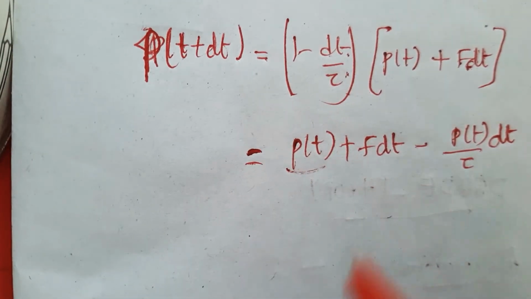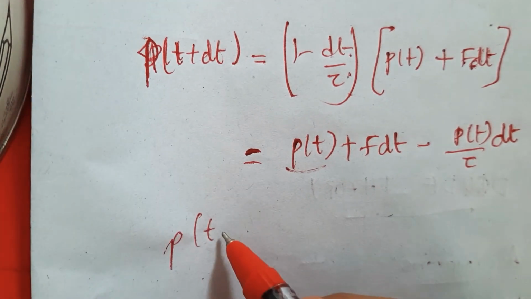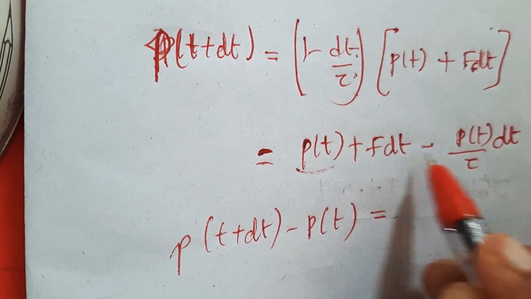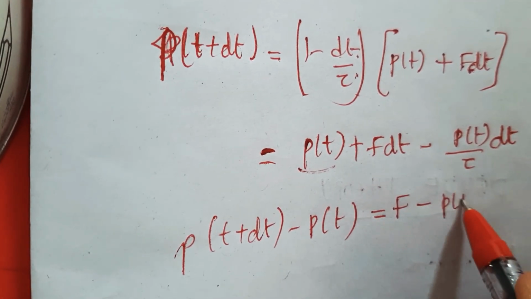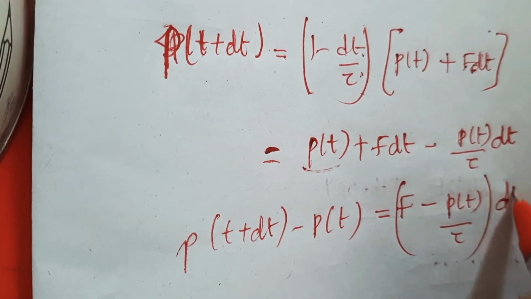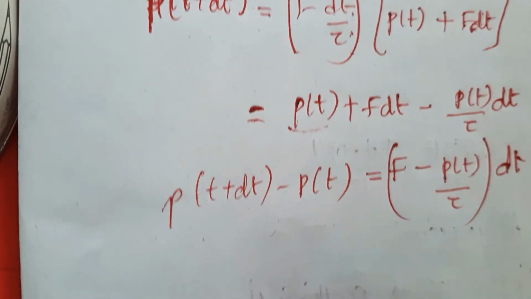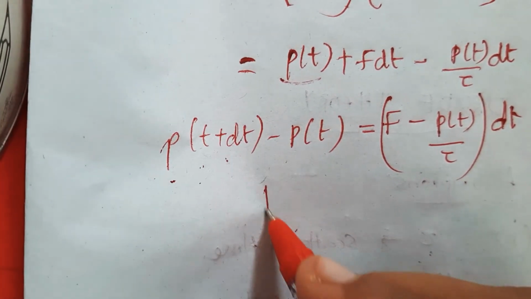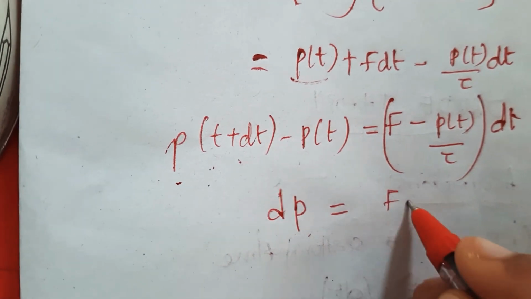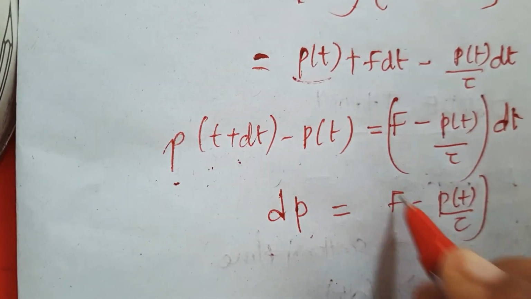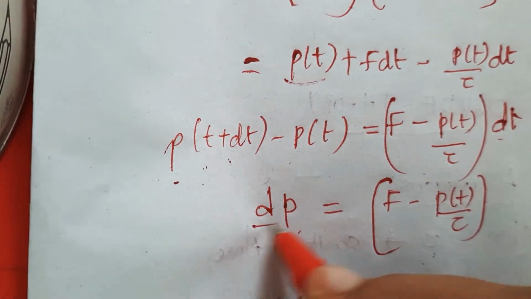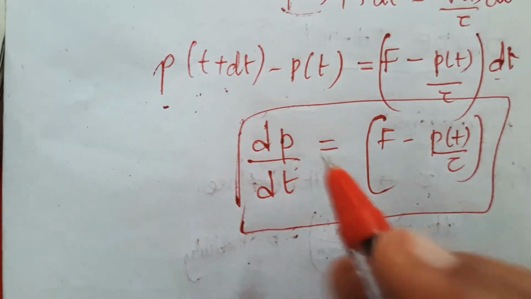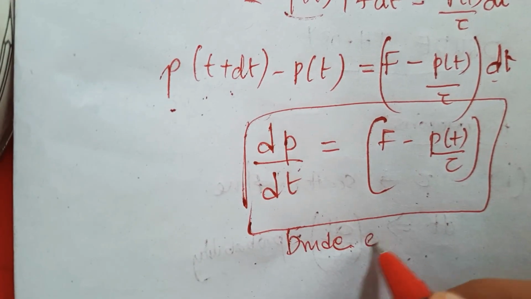Now taking this term to the other side, we get p of t plus dt minus p of t equal to, taking dt common, f minus p of t by tau times dt. We can write p of t plus dt minus p of t as dp, and the dt term can be taken to the denominator. So this is the final equation, and this is the Drude equation of motion.